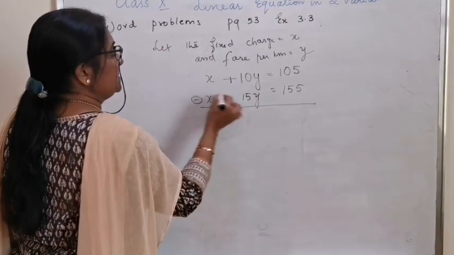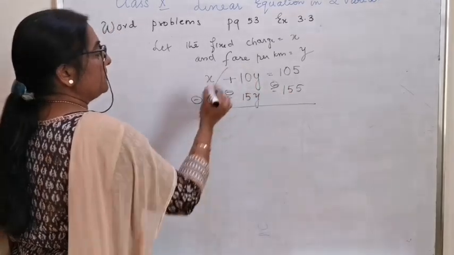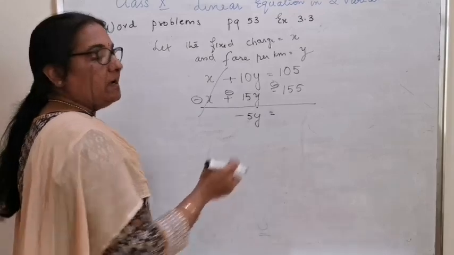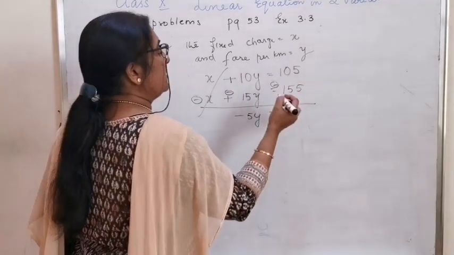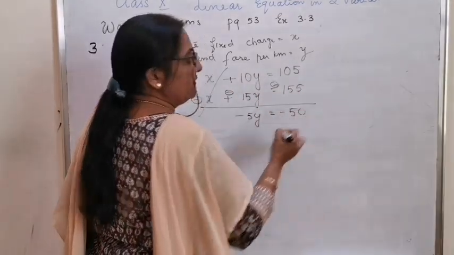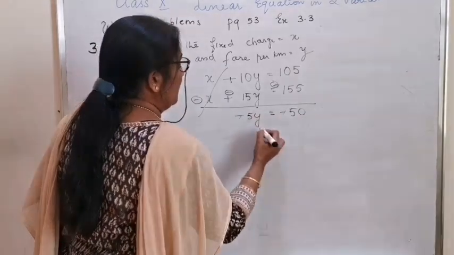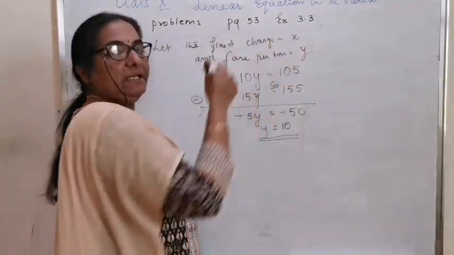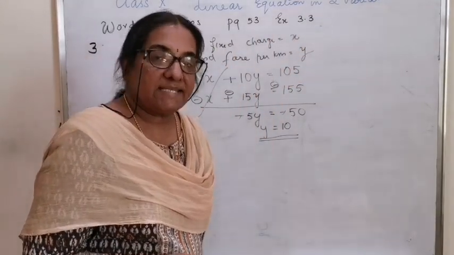Subtracting the equations, 10y minus 15y is minus 5y, 105 minus 155 is minus 50, so y value is 10. That is, for per kilometer the fare is rupees 10.